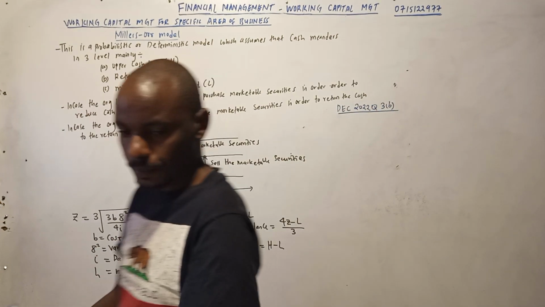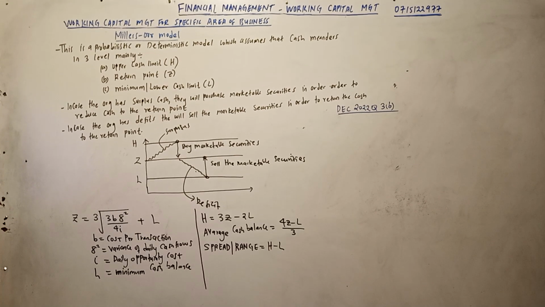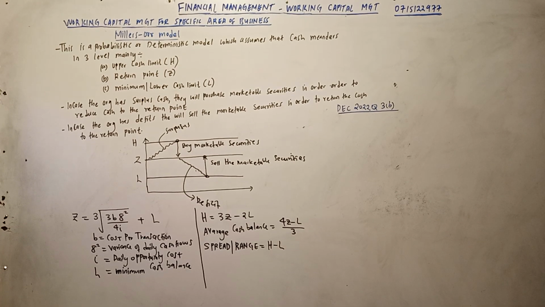It says: Baraka Ltd has a minimum cash balance of 100,000. The standard deviation of the daily cash flow is 25,000. The interest rate for the marketable security is 9.2% per annum.